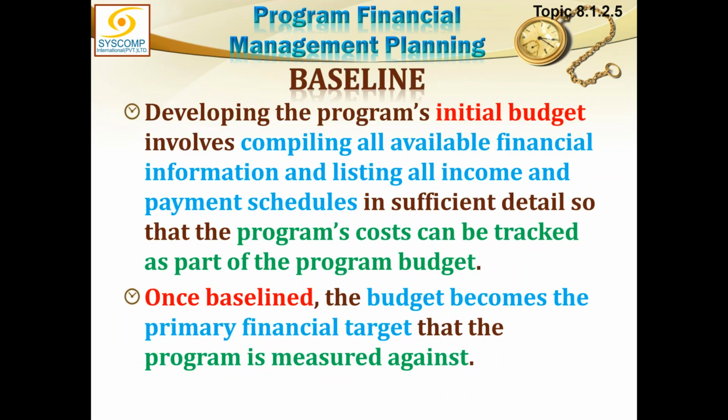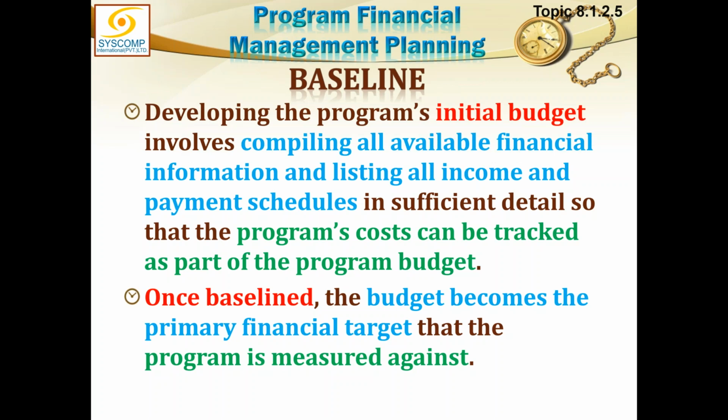Now coming over to the financial baseline, developing the program's initial budget involves compiling all available financial information and listing all income and payment schedules in sufficient detail so that the program cost can be tracked as part of the program budget. Once baselined, the budget becomes the primary financial target that the program is measured against.